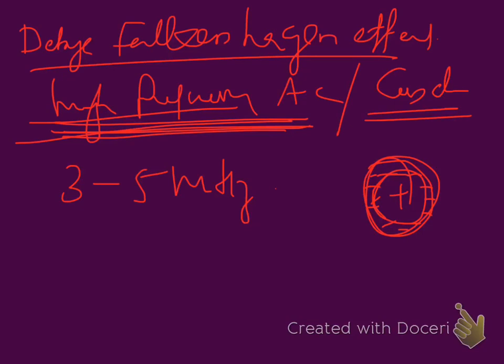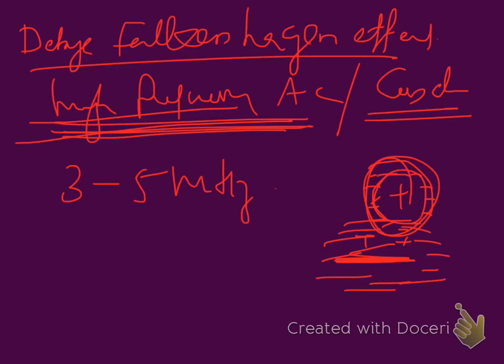But under high frequency AC, the oscillation of the ion will be so fast that the negative ion or oppositely charged ion cannot form an ionic atmosphere around it. So under high frequency AC also, the asymmetric effect and electrophoretic effect actually disappear.